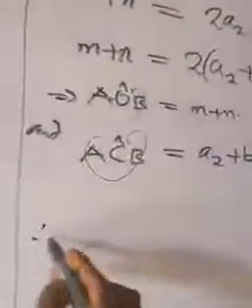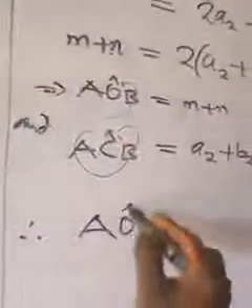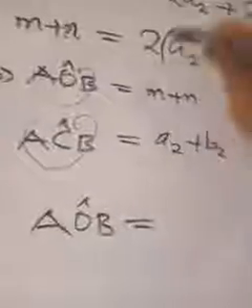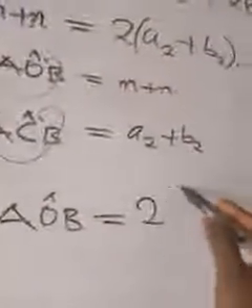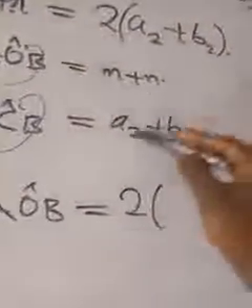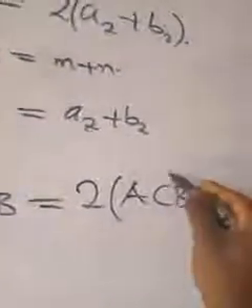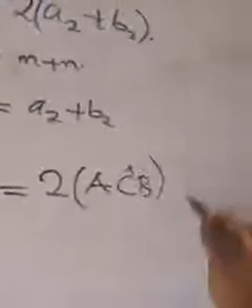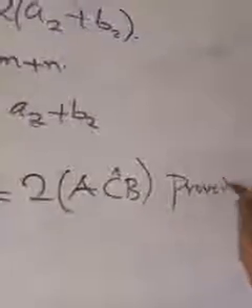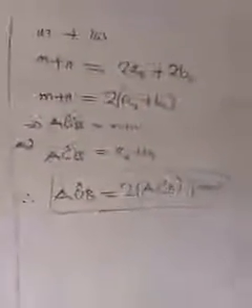So we now have M plus N, that will be AOB, is equal to 2 multiplied by A2 plus B2, which is ACB. Proved. So this is how we can prove that the angle at the center is twice the angle at the circumference.